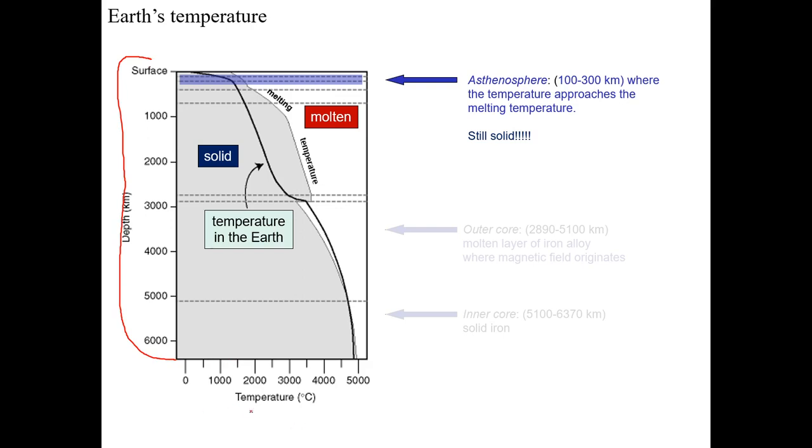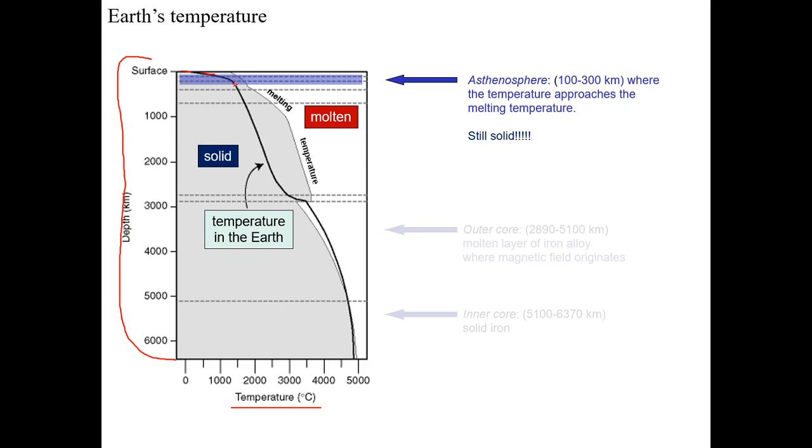Okay, the lines that you see here, like this blue line, it says temperature. And what that represents is the temperature of the Earth as you go down through the Earth from the surface to the core. So you start off really low, right? You start off at like 25 degrees Celsius.